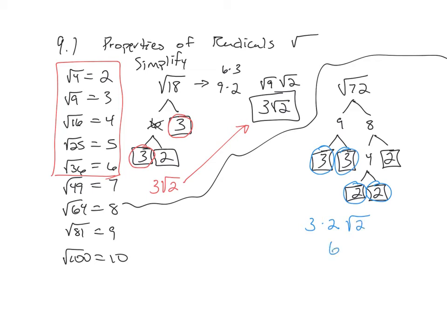And then I would multiply those together for the answer. Okay? So if you had more than one, let's say you worked out a problem and at the end you had a 2, a 2, a 3, and a 5.